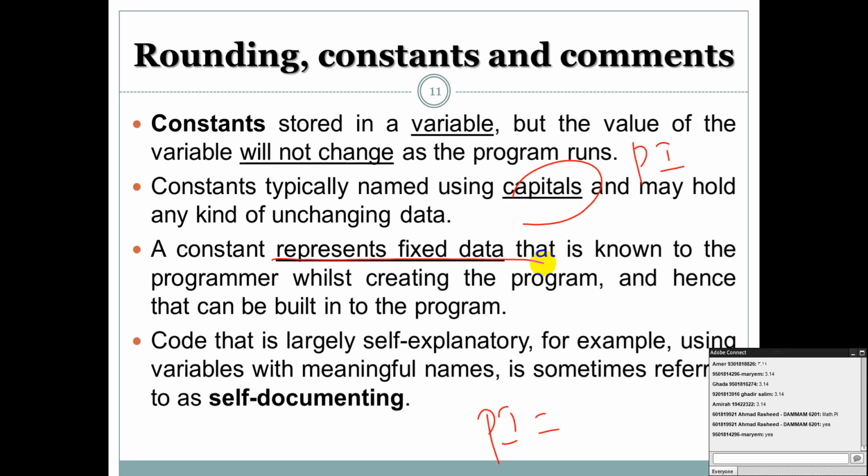Code that is largely self-explanatory, using variables with meaningful names, is sometimes referred to as self-documenting, which means that the code is self-explanatory and does not require any comments to explain the program. If you read the program, you will understand what the program does.